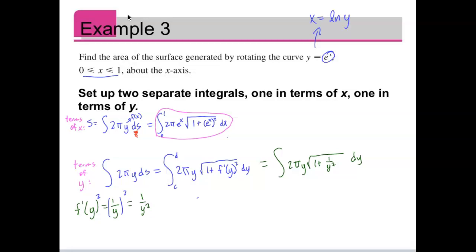I know that coordinate's x equals 0, and this coordinate's x equals 1. And all I'll do is plug those in for x to get my y outputs. If I plug in 0 for x, I get e to the 0, which is 1. And if I plug in 1 for x, I get e to the 1, which is e. And so my limits of integration are from 1 to e, right?